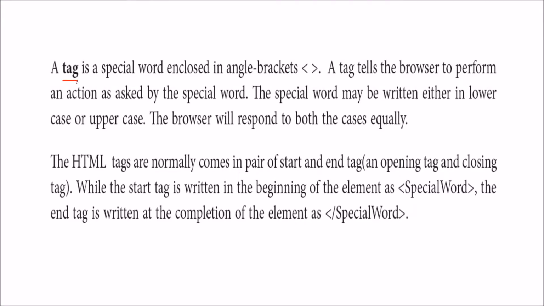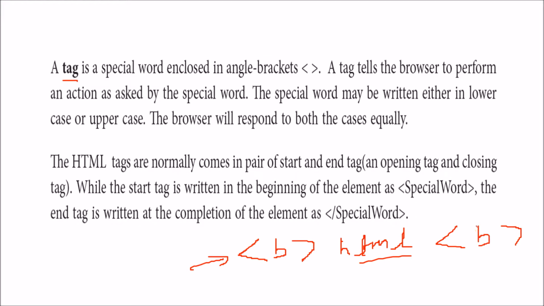So this is a tag, and as we just said, we start with a tag and then we end with a tag. Say I give bold. I am writing HTML here, and I want whenever the browser comes across this line, it needs to be shown in bold. And this is the end of the bold, so you have a backslash.